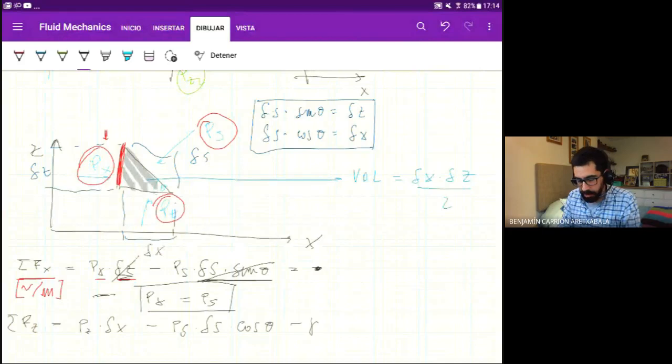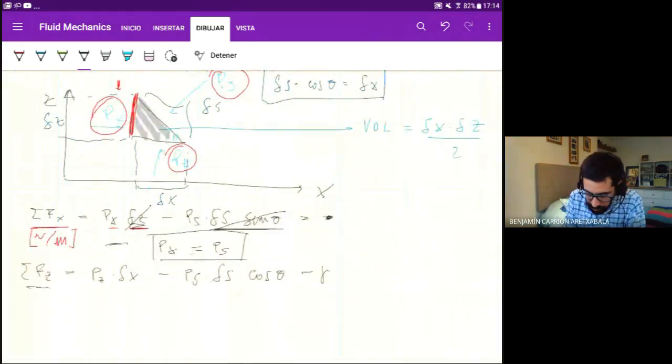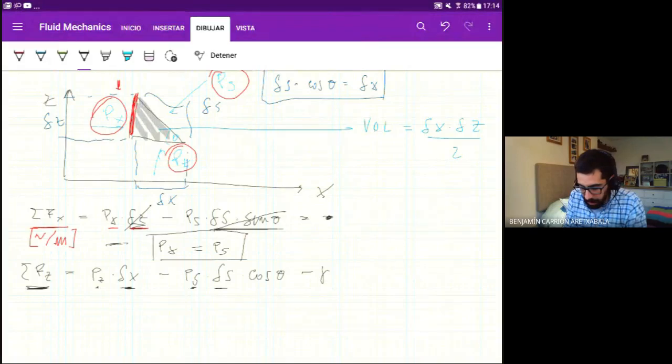And why is it important? Because the own weight of the wedge depends on the volume. So if we come back here to the sum of vertical forces, we said we have the force that Pz is creating upward over an area of delta x minus the force Ps over the area delta s, but projected by the cosine, minus the weight, which is also going down, and the weight is nothing more than gamma, which is the specific weight or the specific gravity, times the volume.